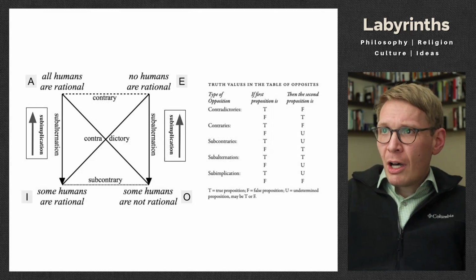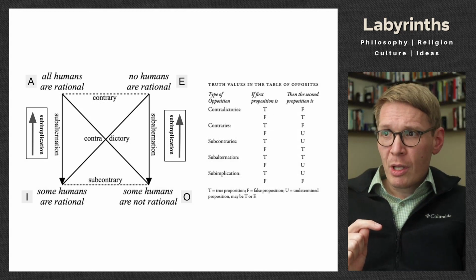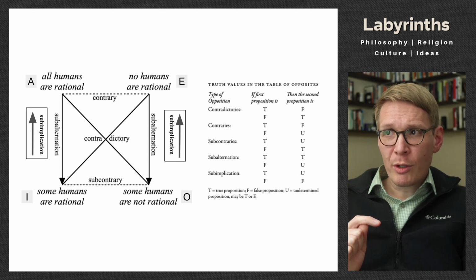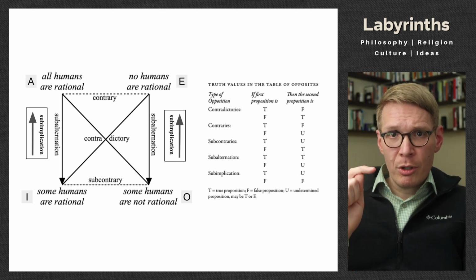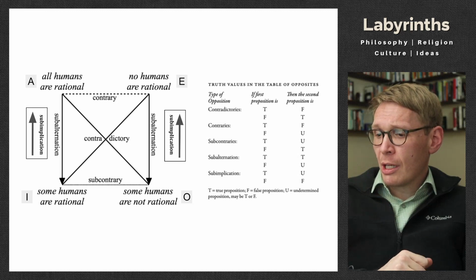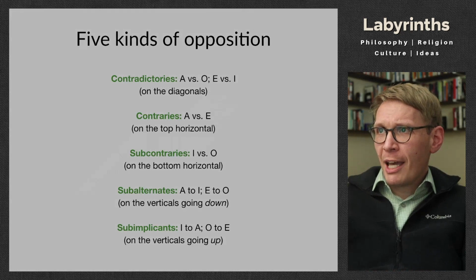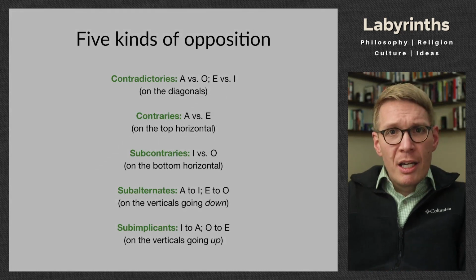So we see this on the chart. If all humans are rational, if I'm performing subalternation, I'm going from universal down to particular. If I'm performing subimplication, I'm going from particular up to universal. And the truth tables indicate here the truth values that we've outlined in these remarks. So here we have, again, friends, our 5 kinds of opposition.